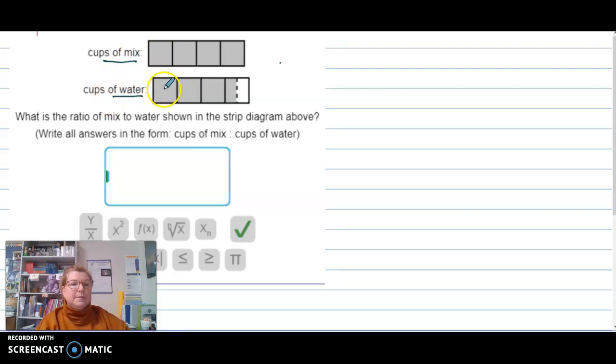Okay, so the recipe for this mix of beverage is the ratio of mix to water. So here they've identified the ratio, and this is a part to part because they're talking about this part of the beverage compared to this part of the beverage. And it's demonstrated. They don't tell us the numbers, they just tell us in a picture what the ratio is.